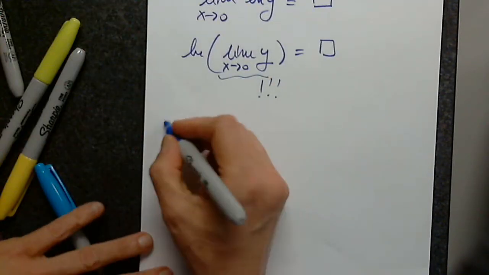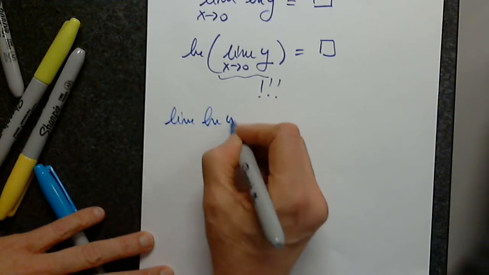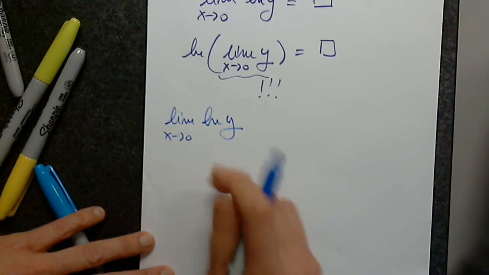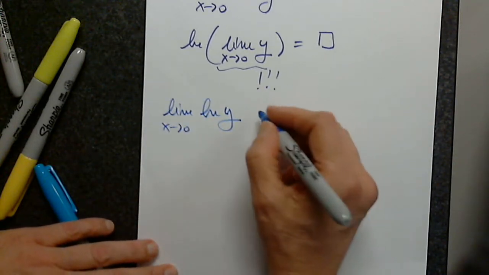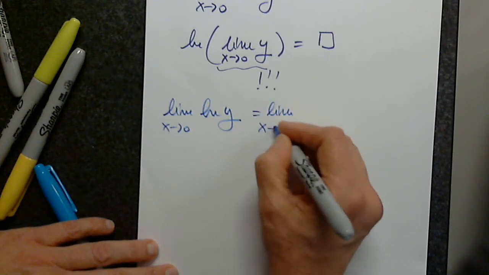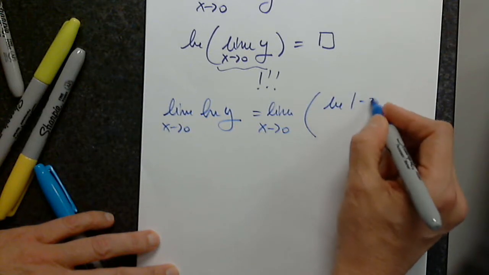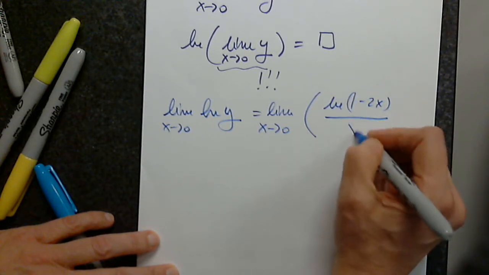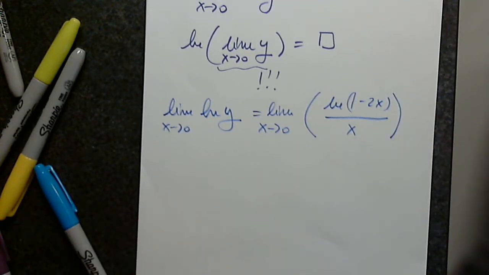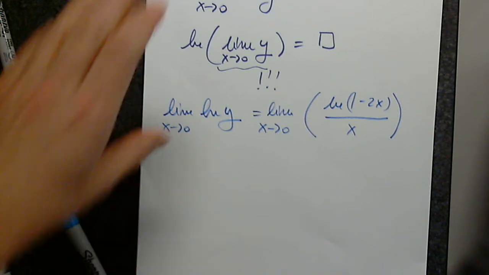So we want to calculate the limit of natural log y as x approaches 0, which is the limit as x approaches 0 of natural log of 1 minus 2x divided by x. So far, so good? Is this the natural log y? Yes, that's what we just determined.